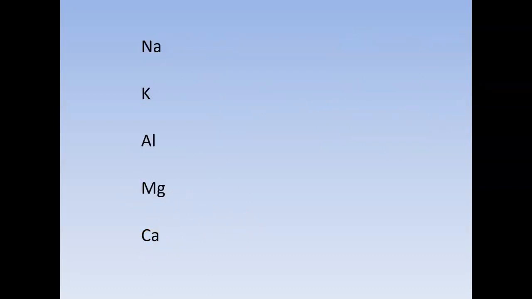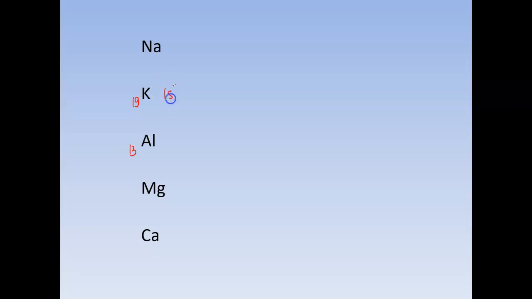And what about metals? Metals do not gain electrons. They lose electrons. This is the easiest way for them to become more stable. We already discussed sodium, but let's do the same with potassium and aluminum. Potassium, number 19, period number 4, that means 4 shells will have electrons.